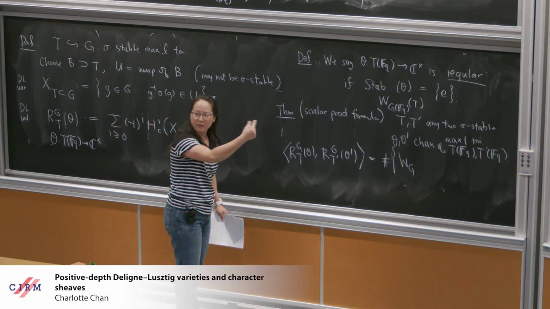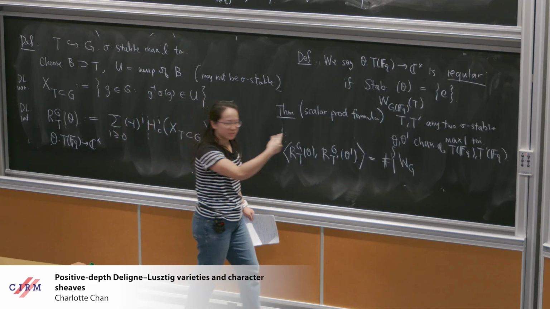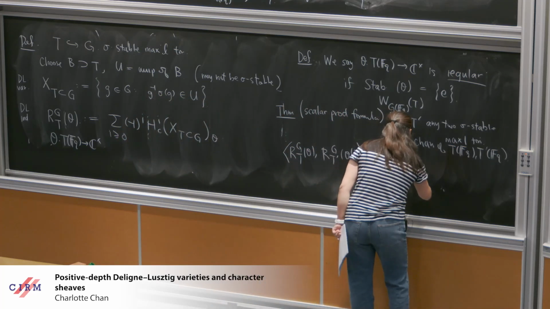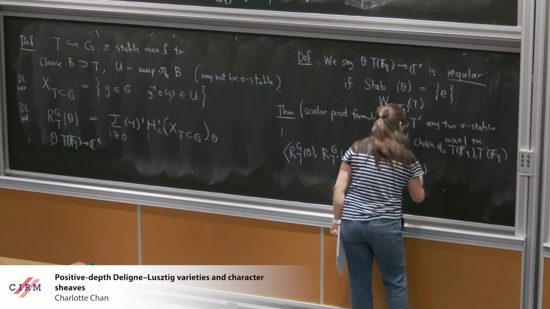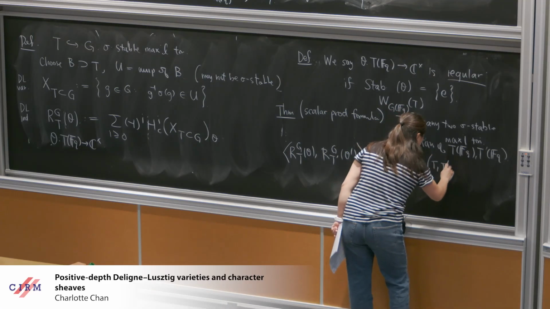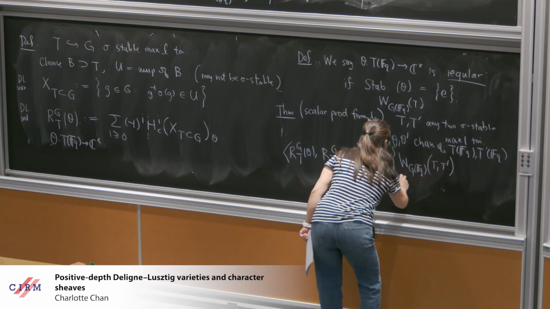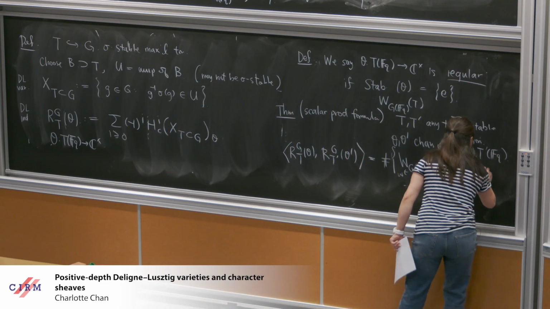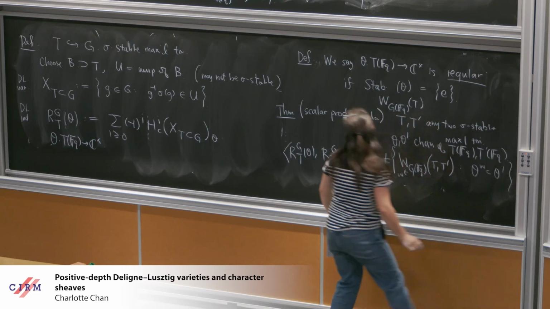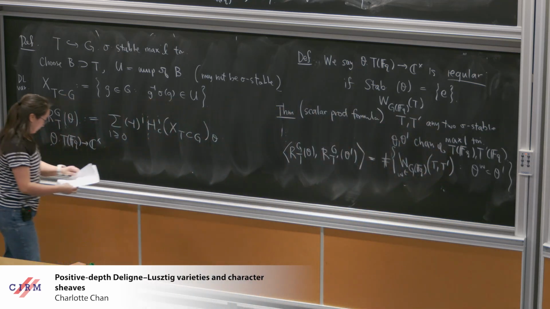I need to take the transporter or something like that. So all rational ways to get from T to T prime, there could be none. So all W inside here, for which theta W is equal to theta prime.